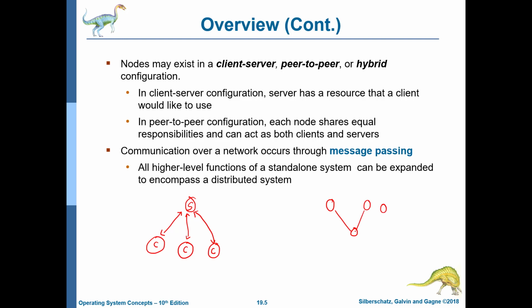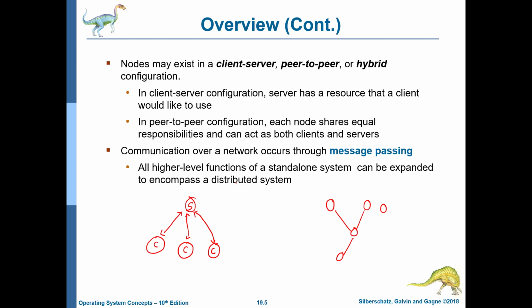There is nothing special between them as such, and each node shares equal responsibilities. And of course, somewhere in between, where we have a class of nodes that are slightly more privileged, that would make a hybrid configuration. And because they're all loosely coupled, they don't share memory, they communicate by passing messages.